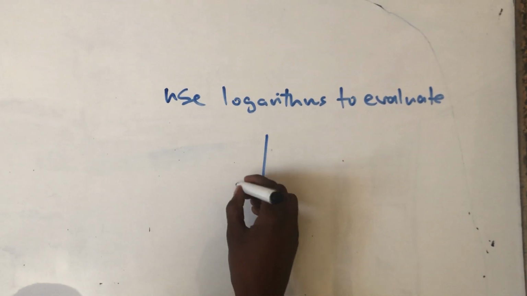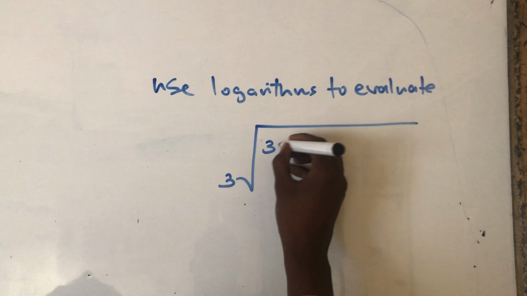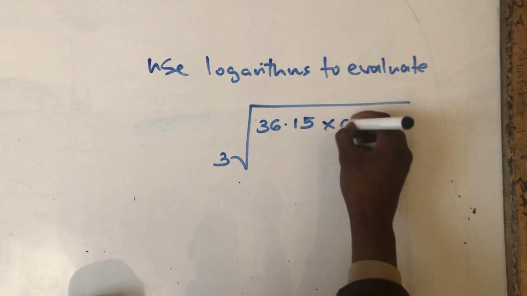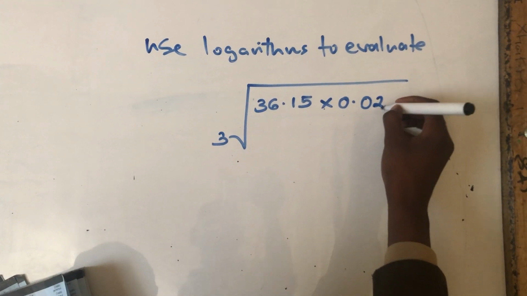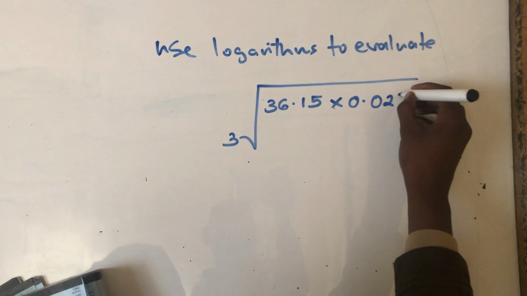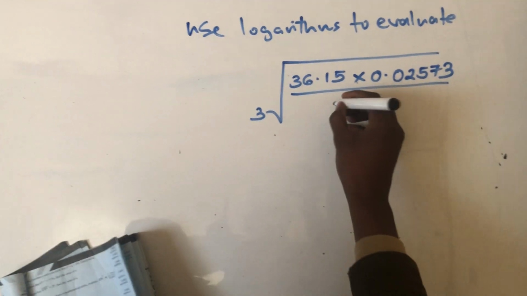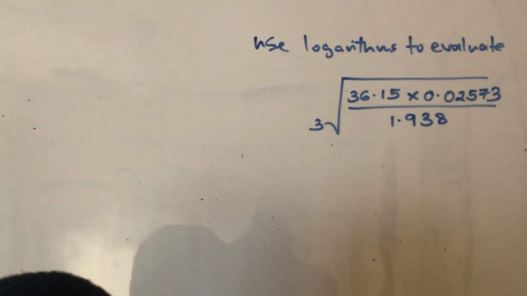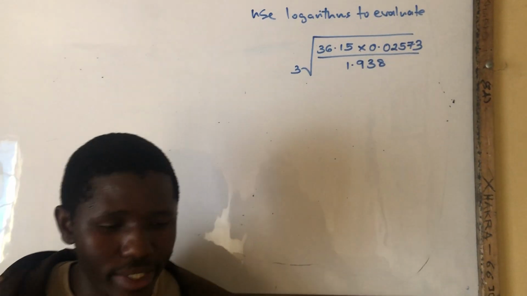You are given the cube root of 36.15 times 0.02573 all over 1.938. You are required to use logarithms to evaluate that.